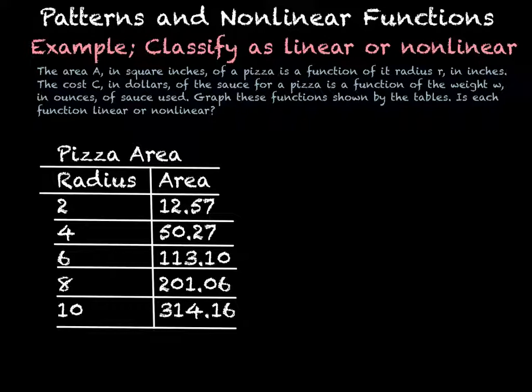So this first one, we have the area of the pizza. The radius we know is R, and that would be in inches. And the area is A, and that is in square inches. So now we're just going to graph them to see what it looks like.